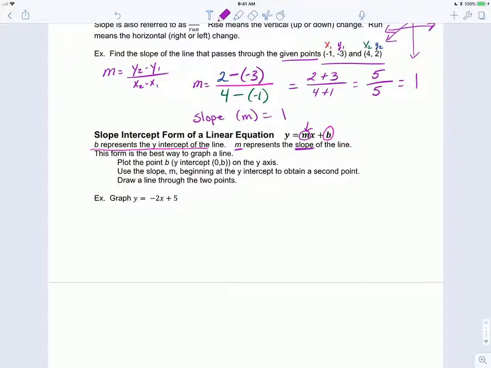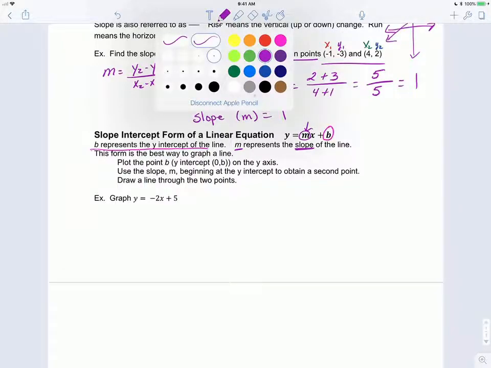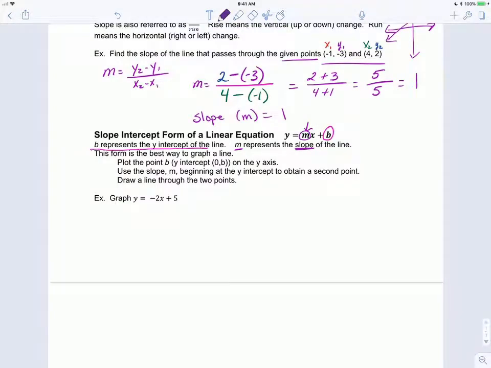Now, if you're given an equation, let's just take one here on the side. For example, if you're given one that says 2x plus 4y is equal to 8. Okay, remember, look up above. That is our standard form. That is not in slope-intercept form, but we can easily put it in slope-intercept form.